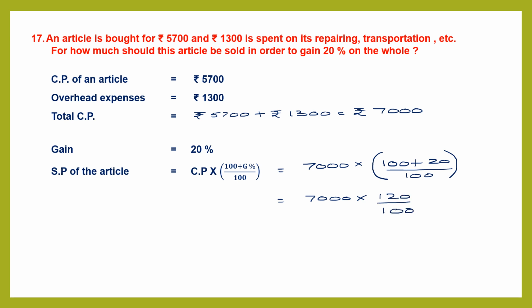Now cancel the zeros. I can cancel 2 here and 2 here. Now I have to multiply 70 into 12. 7 into 12 is 84. Then there are 2 zeros. So that becomes 8,400. So we have found the selling price of the article to be 8,400 rupees. So this is our answer.